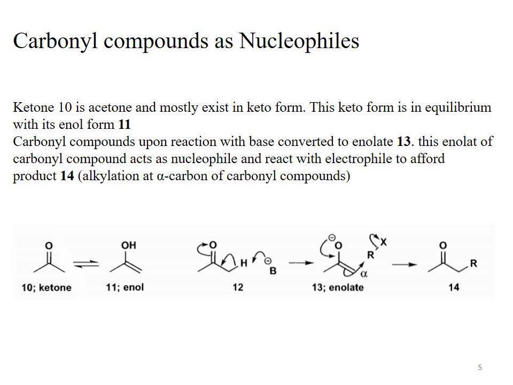See compound 12. The base abstracts the acidic proton, and the carbon-oxygen double bond shifts toward the oxygen. We have this type of anion, with a negative charge on the oxygen, and this is called the enolate ion.